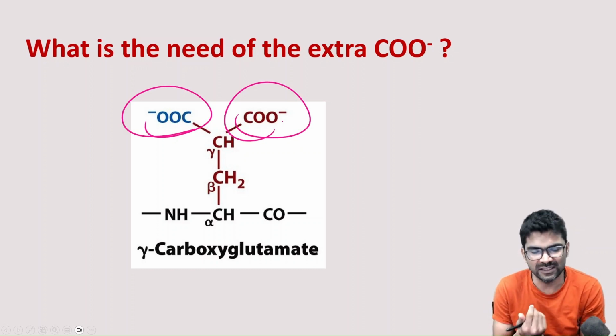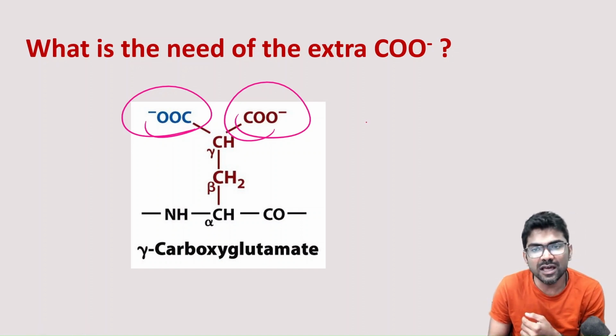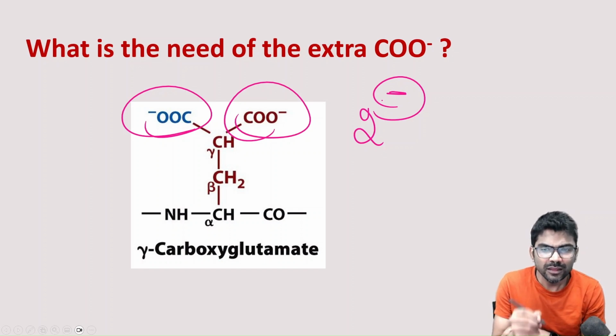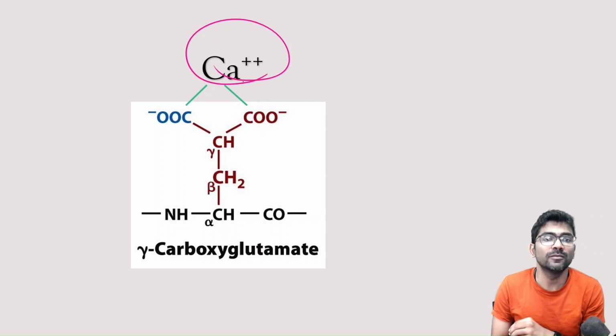Why do we need this? Tell me, why do we need two negative charges? Can you guess? It is because calcium, which has 2 plus charge, can come and bind here.